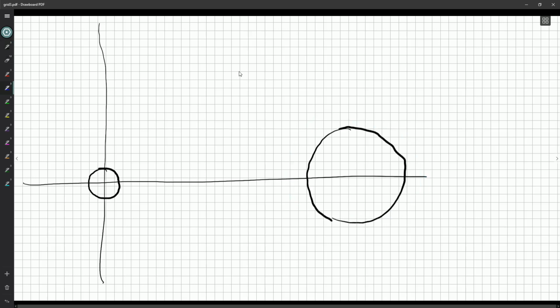And we'll get a nice tangent line. Point of tangency there, point of tangency there. Some x-intercept over here.